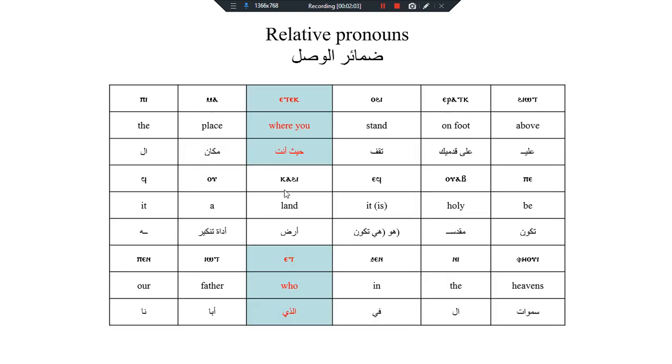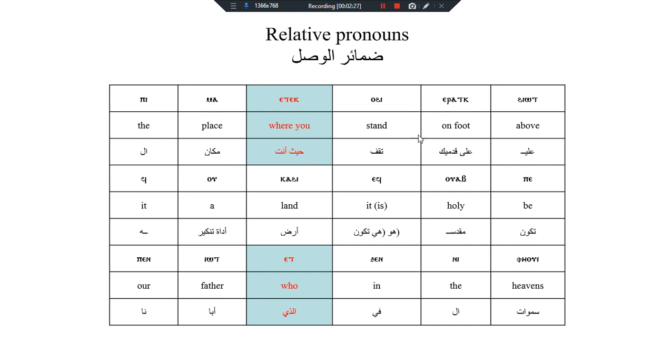We have here some examples about the relative pronouns. Here we read from the Bible: Bima etik o hirak hiyotv o kahif o wabbe. Bima means the place. Etik, where you. Ohi, stand.